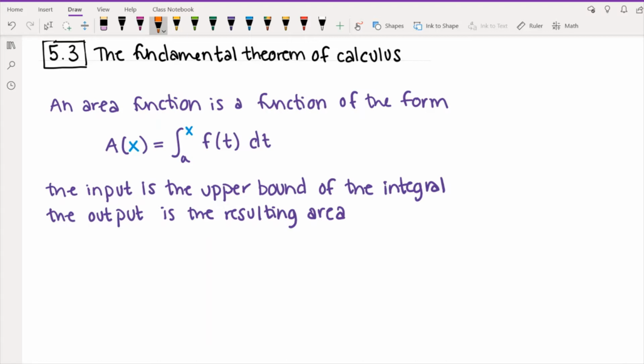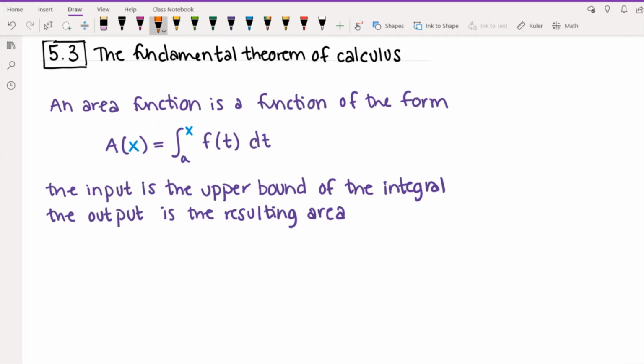So x represents the bound changing. For example, if you plugged in 1 for x, you would be doing the integral from whatever a is to 1 of your function. Or if you plug in 2 for x, you would be doing the integral from a to 2 of your function. So x is changing. We're always plugging in different numbers for x, and that will give us different outputs.